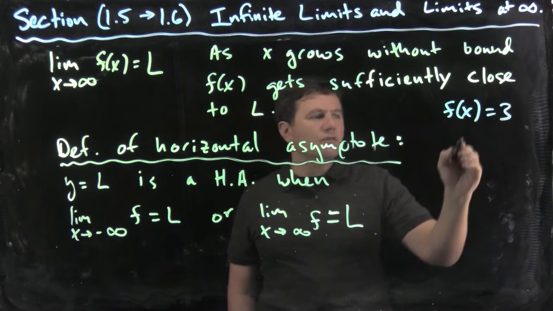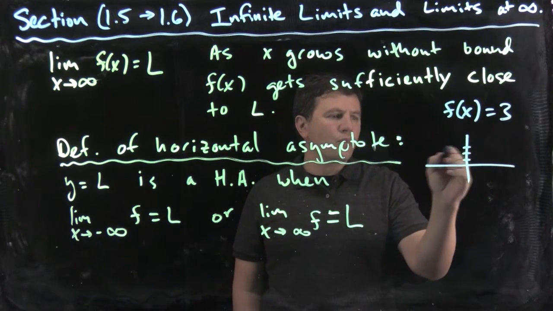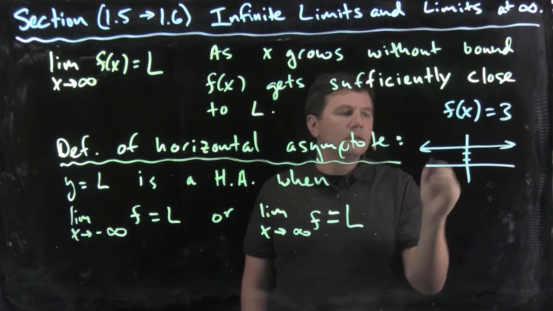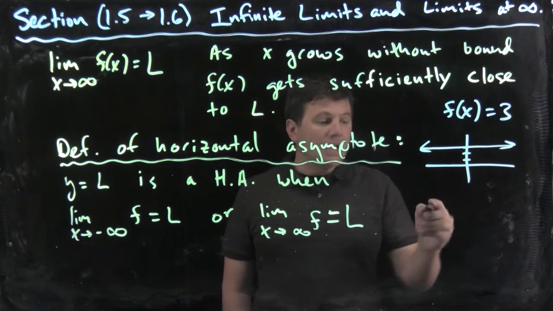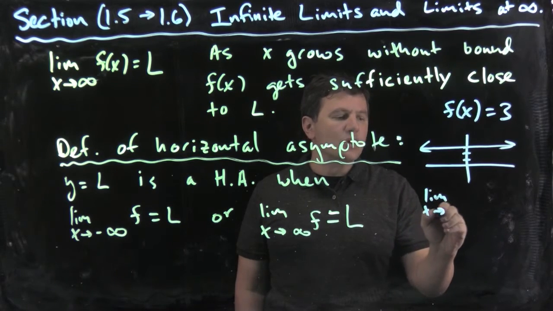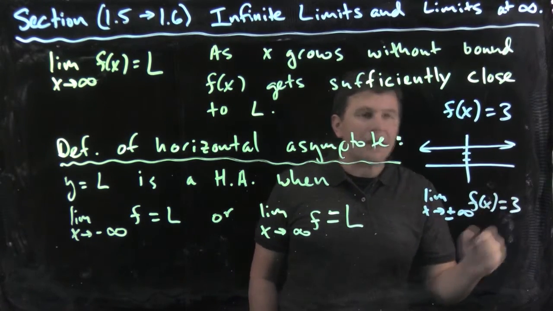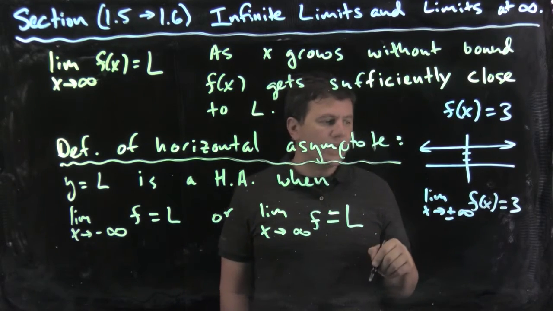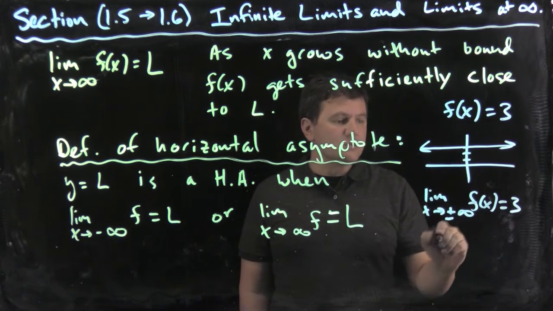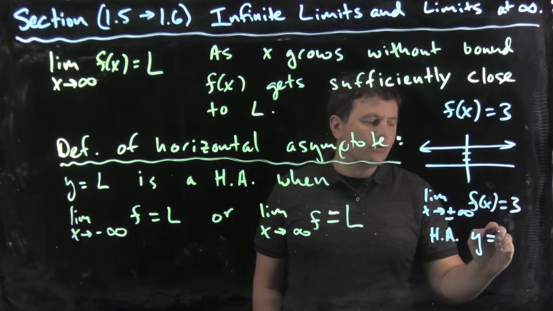So if I give you the constant function f of x equals 3, that actually has a horizontal asymptote at 3. Because if I take the limit as x goes to infinity, and actually it doesn't matter what direction, it's the constant function, it spits out 3. So it's not getting sufficiently close, it is actually 3. So we would say that this particular function has a horizontal asymptote at y equals 3.